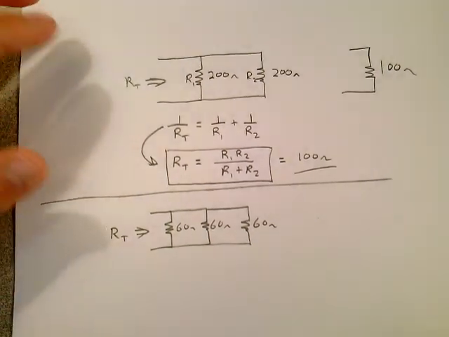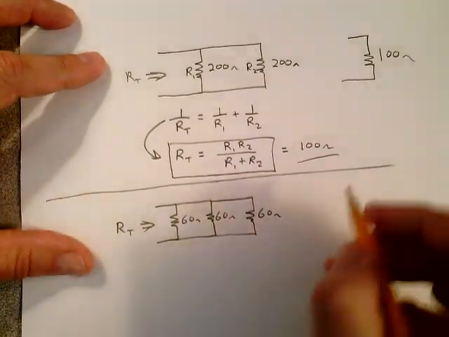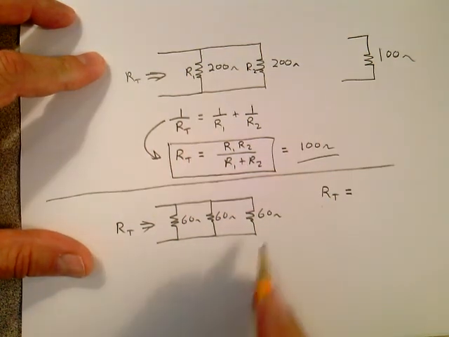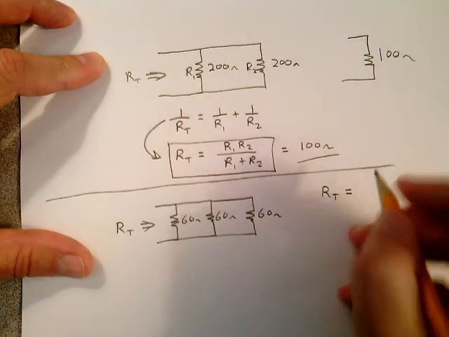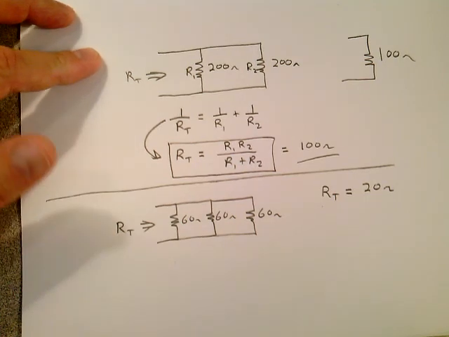A couple ways to do that. First of all, after you work with a couple of these, you'll notice that RT, the total resistance of that circuit, the combination of all of those, they're equal, and there's three of them. It's 1/3 of the single one. It's 20 ohms.